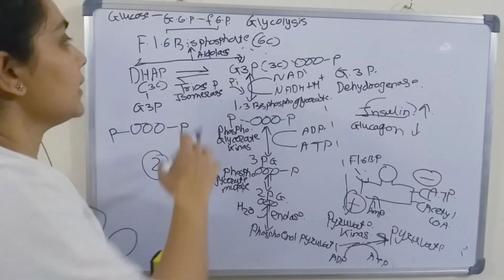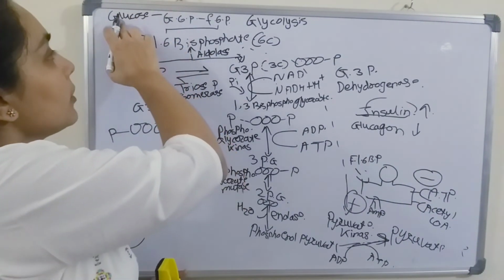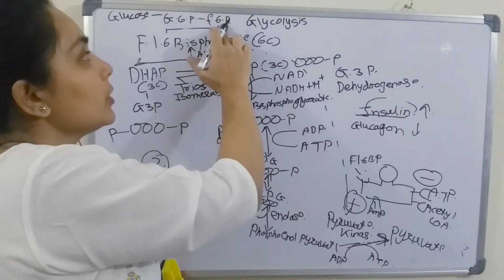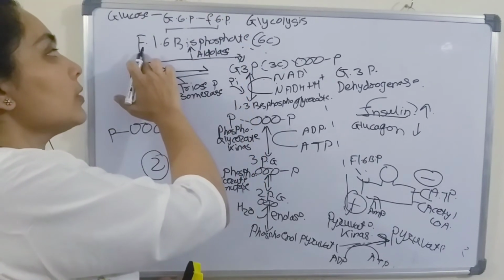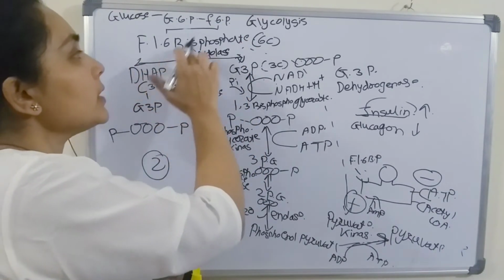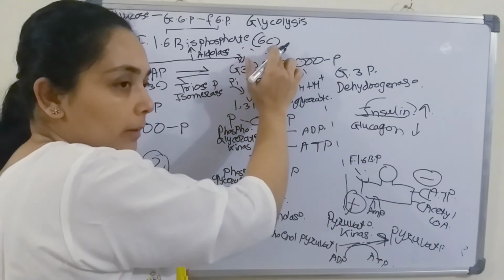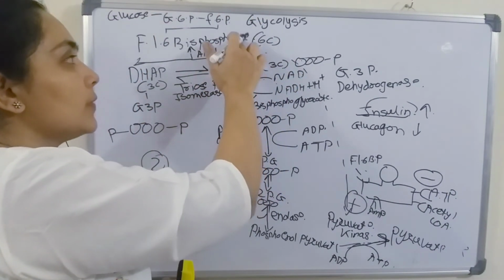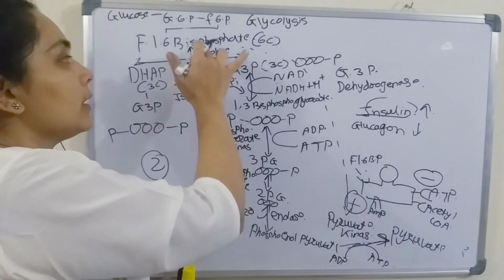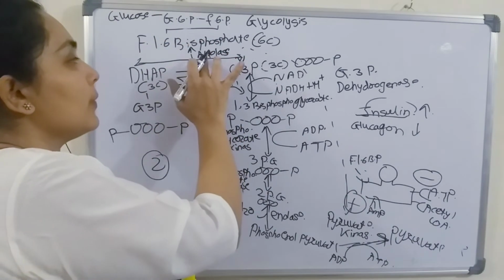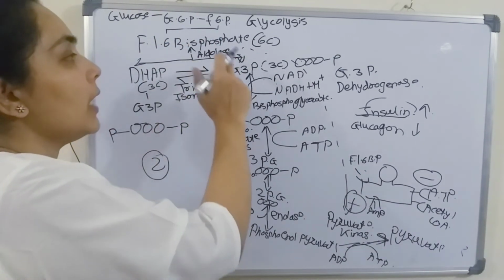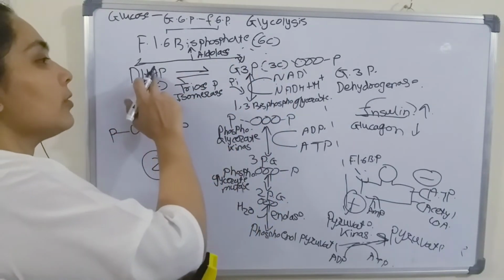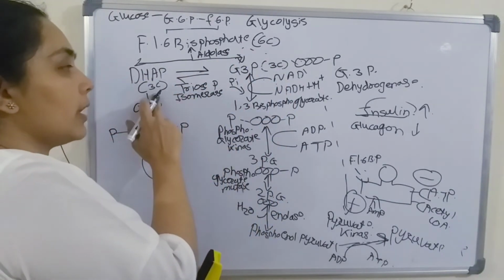We'll quickly revise here. Starting from glucose, it will convert to glucose 6-phosphate, glucose 6-phosphate converts to fructose 6-phosphate, and fructose 6-phosphate converts to fructose 1,6-bisphosphate, which is a 6-carbon compound, right? Now this will break down into two products with the help of the enzyme aldolase, and we'll get glyceraldehyde 3-phosphate, which is a 3-carbon compound, and dihydroxyacetone phosphate, which is also a 3-carbon compound.